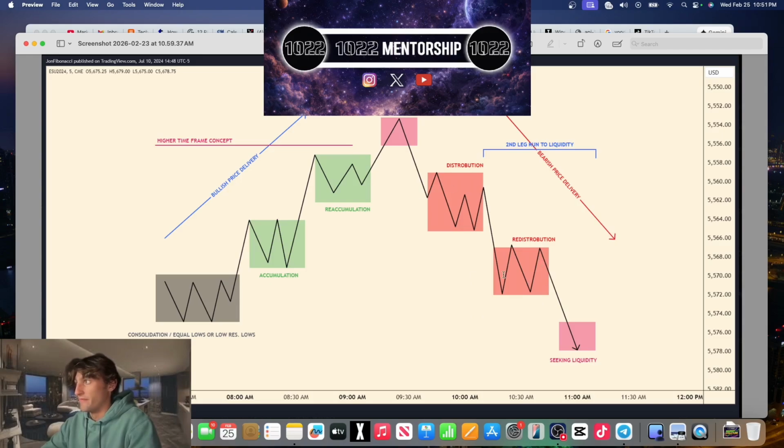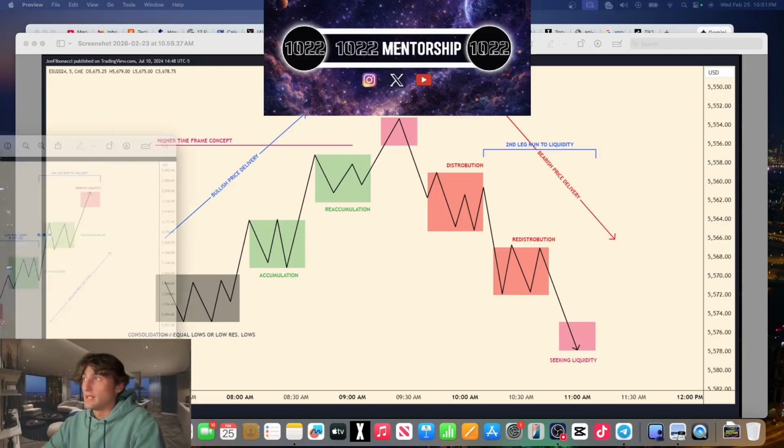Maybe we get a very large spike, like a falling knife type of thing here, and then we start making those lower lows again. That's our distribution. We're making lower lows consistently. And then targeting could be our consolidation, equal lows, or our low resistance lows. Remember, it can be either of them. I'll show you a few examples in a second. So that's the buy model.